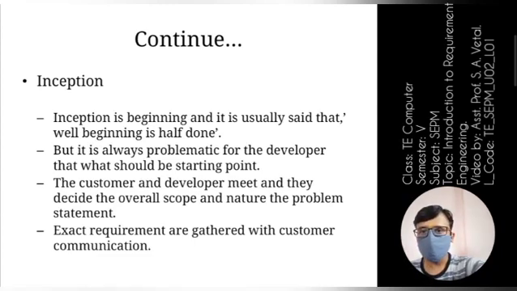For this purpose, the customer and developer meet and decide the overall scope and nature of the problem statement. By having a meeting between customer and developer, the exact requirements are gathered through the customer's communication. These things are done under the inception function.